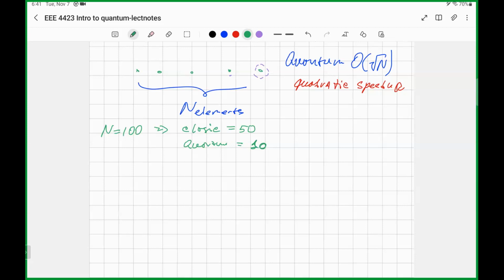I mean, it's not very practical to use the quantum computer to search among 100 elements.